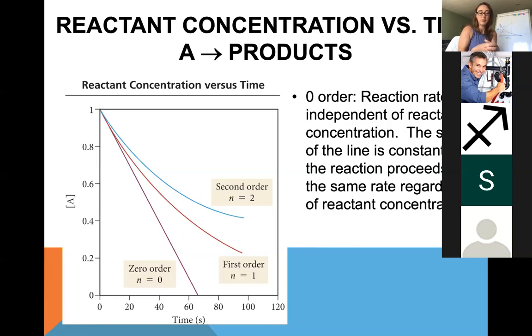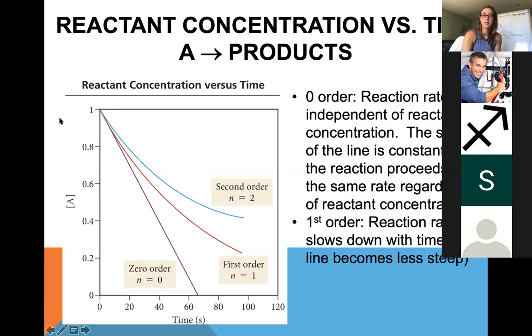It doesn't matter whether I have a tiny tea light candle or a big honking candle on my mantle, the rate at which that wax combusts is exactly the same, right? And so a 0 order reaction simply means that the rate of a reaction is totally independent of the concentration of that reactant. Okay.